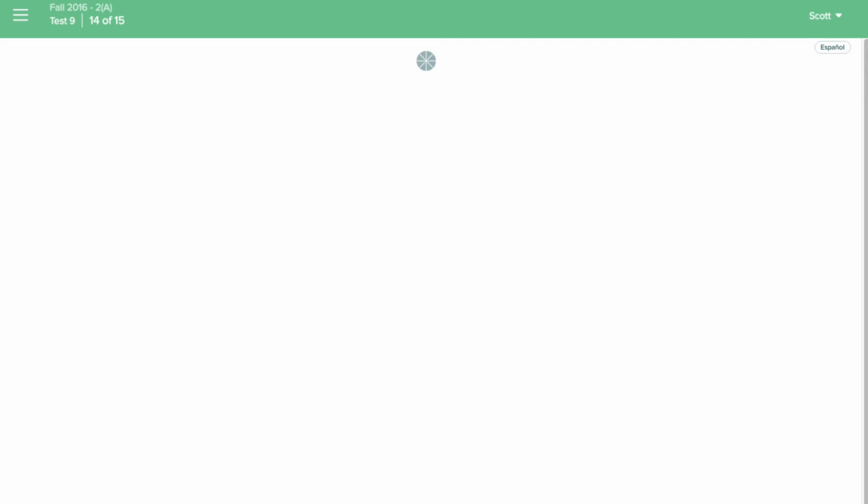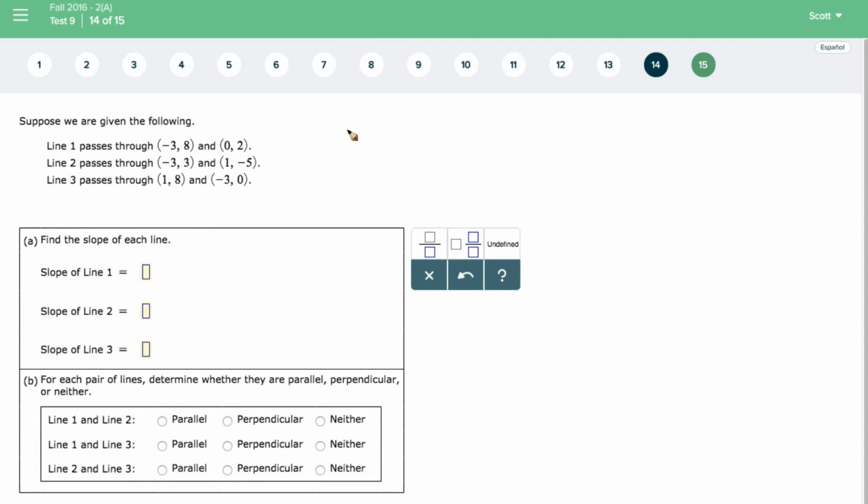Number 14. Same thing. Y minus y on top, x minus x on bottom. So what's y minus y? What's 2 minus 8 is negative 6 over 0 minus a negative 3. Minus a negative is plus, so 0 plus 3 is 3. That simplifies to negative 2.